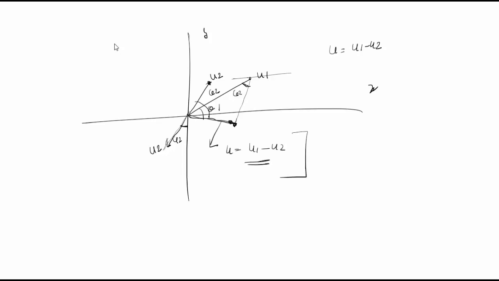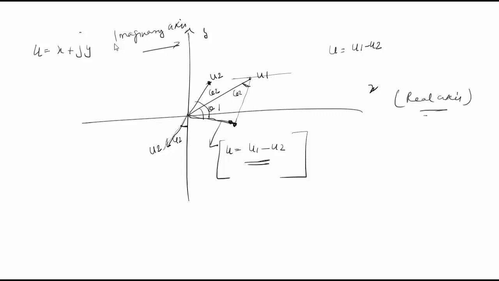So this is how it's possible to represent the complex number given by u is equal to x plus jy by considering y as your imaginary axis and x as your real axis.